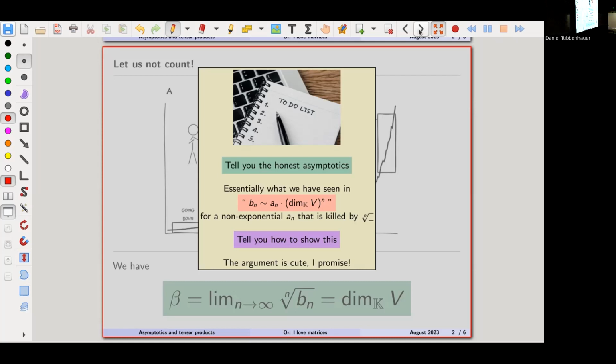And all I did before is I didn't quite tell you the asymptotic that squeezes this factor to 1 by taking the nth root. So I should be a bit more precise in telling what's going on. But as you can already see, it was really an SO2 analysis. So you can try to do the same for SLn, and you get nice formulas. But really in generality, what can I say about this factor?